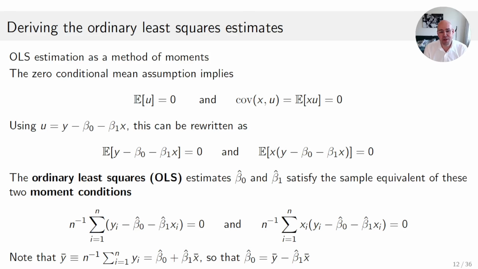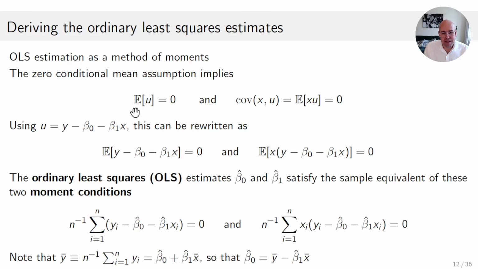But let's first look at what these estimates actually are, and later understand where this terminology comes from. Our starting point for deriving the ordinary least squares estimates are our assumptions. So we're actually going to start with the zero conditional mean assumption.